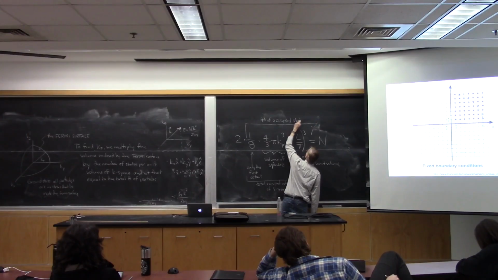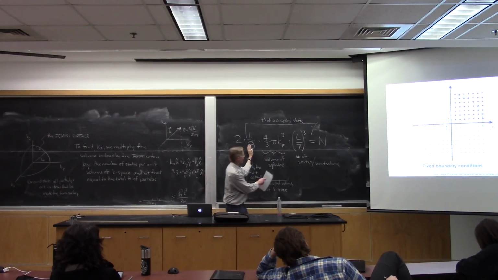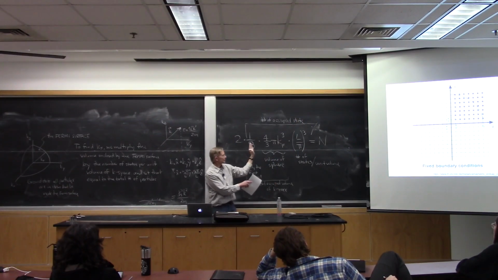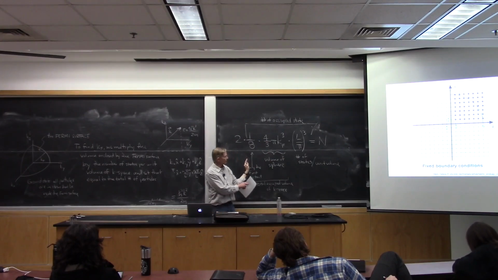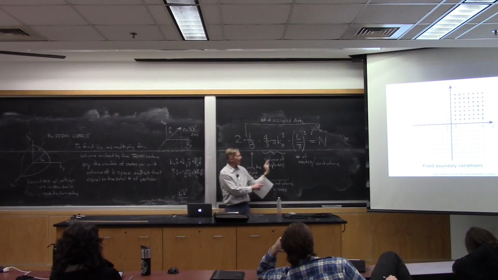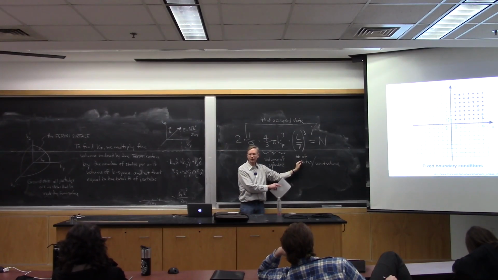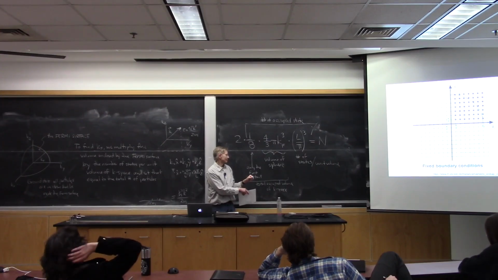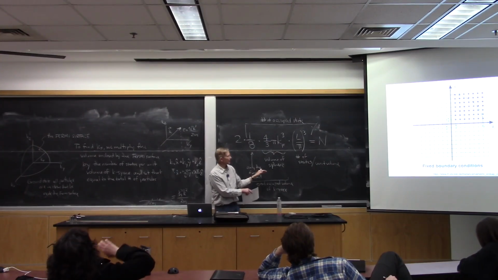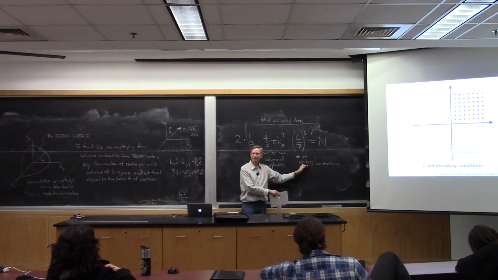Volume times states per unit volume equals number of states: K space volume times how many states there are per unit volume. This is analogous to volume times particles per unit volume to get the total number of particles.